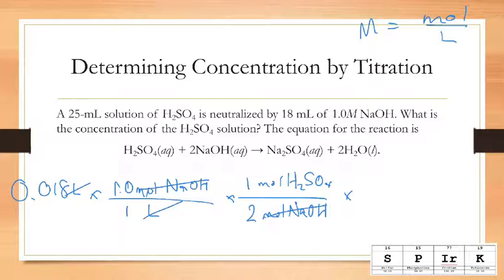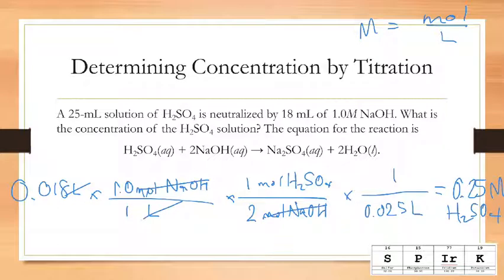And we have 25 milliliters, or 0.025 liters. So that gives us a unit of moles per liter. We multiply that through, we get 0.25 molar H2SO4. So we had a known volume of H2SO4, but we didn't know what concentration it was. By using a known volume of a known concentration of NaOH, we can determine the concentration of that H2SO4.